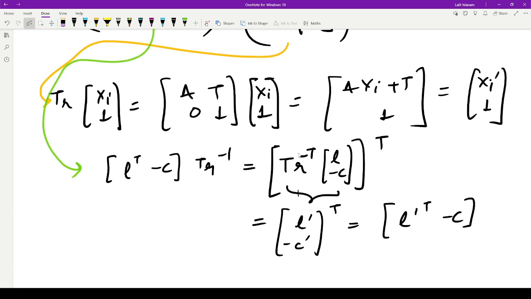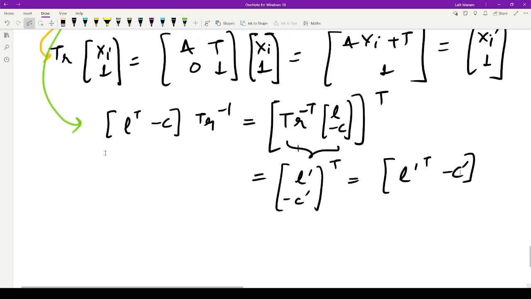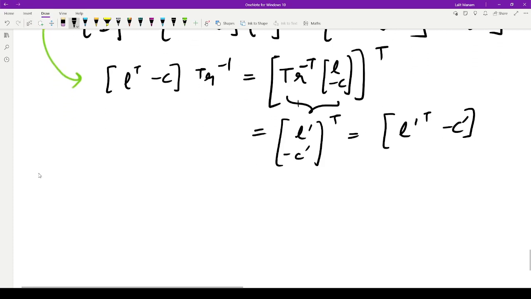I'm just multiplying a matrix which is TR inverse transpose with a vector L, C. So it will give me some L prime and C prime. Yes? Okay. So if you want the exact expression, I will go away with this thing.